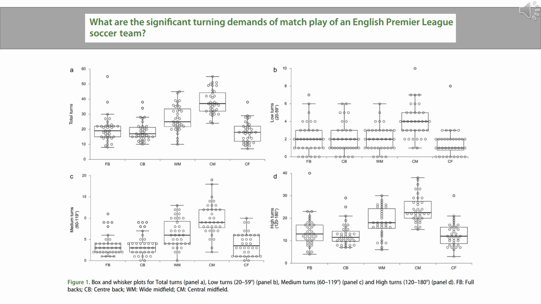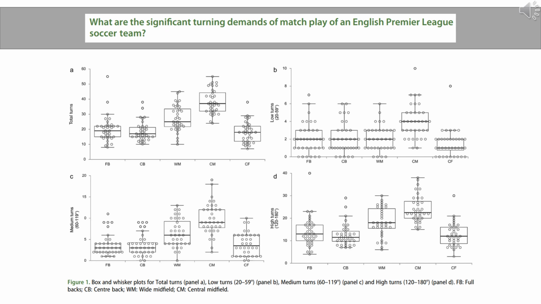And we can see, if you just look, we've got mean box plots here for each playing position with individual data points tracked over the top by those white markers there. And what we can see is that the highest amount of turning or change of direction happens, quite significantly, for central midfielders here.